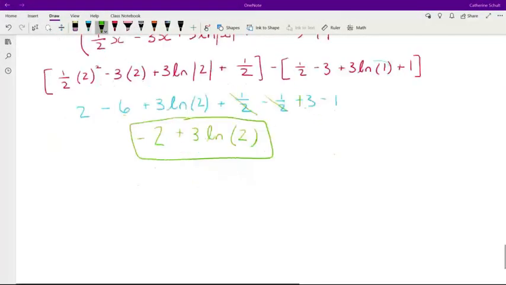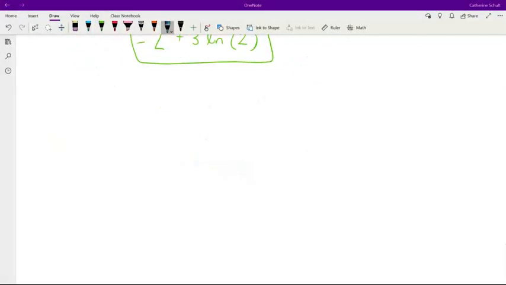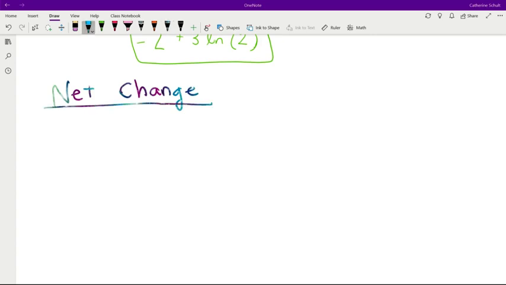All right, the last thing we're going to talk about in this section is net change. And we've hinted on this before when we were talking about definite integrals.